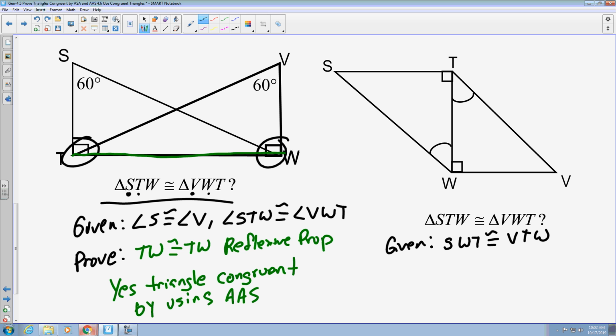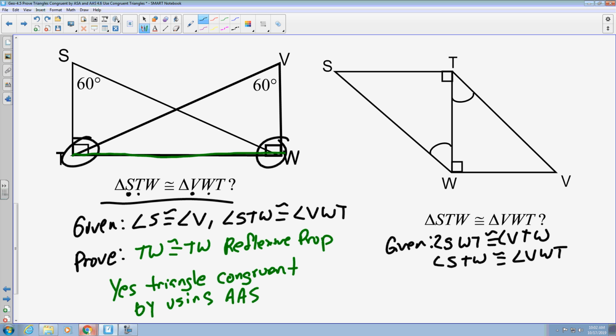And we can also say that angle STW is congruent to angle VWT because they both have the 90-degree mark.